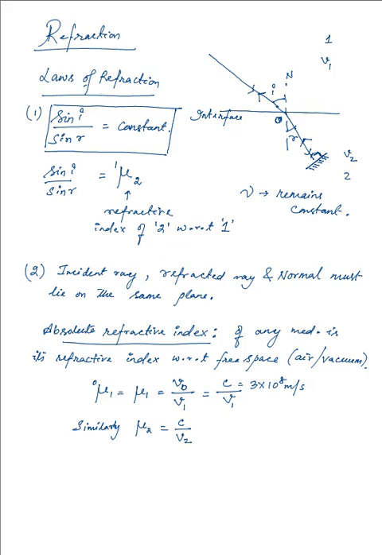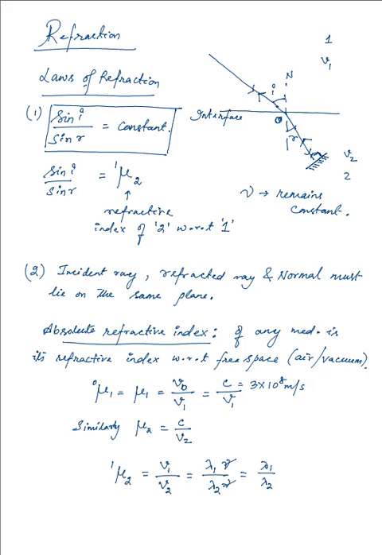So when we say that we have the refractive index of the second medium with respect to first, we are therefore considering the velocity in the first medium to the velocity in the second medium, that being the ratio, which is also equal to, since the frequency remains the same, supposedly we had the wavelength to be lambda 1 in the first medium and lambda 2 in the second medium, that multiplied with frequency will give me the velocity of the wave in both those mediums. Now lambda 1 and lambda 2 are different, obviously, but nu, that is the frequency, is the same, so we can strike that out and we simply have the ratio as lambda 1 over lambda 2.